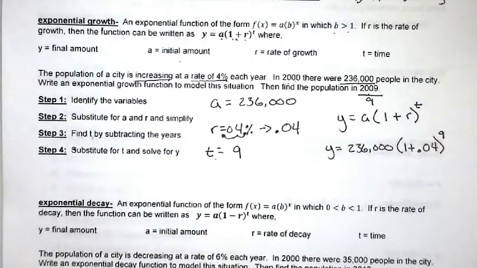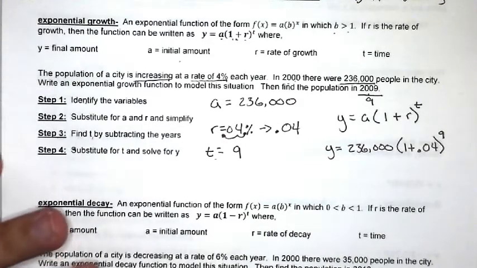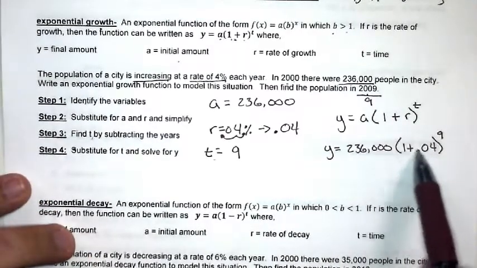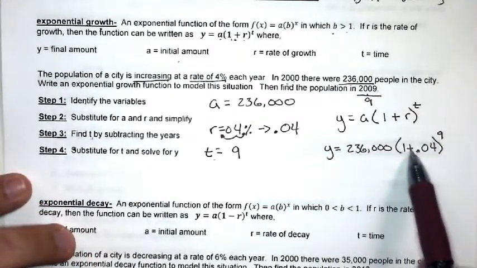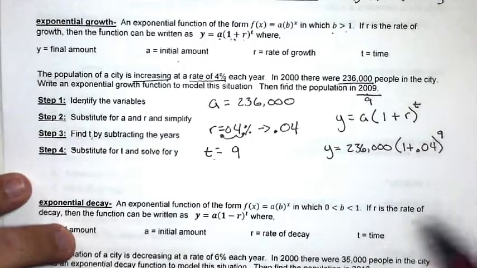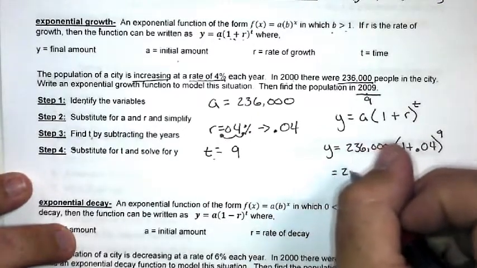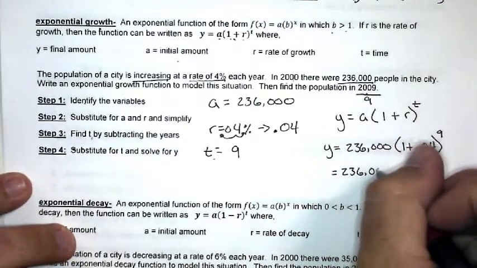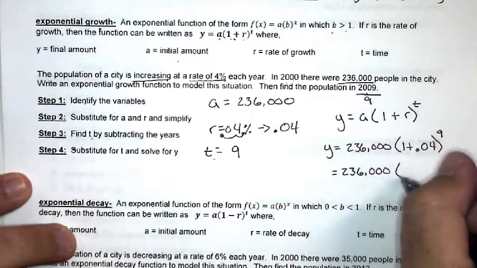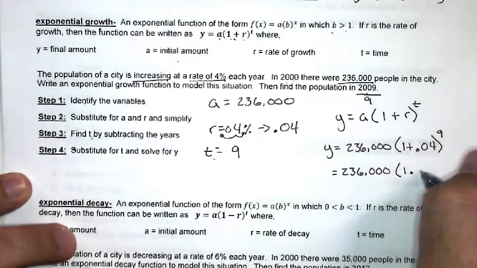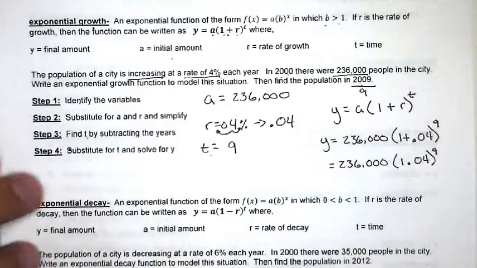Once I have substituted, what must we do now? Solve? Let's simplify first. Can this little addition be simplified? Yes. I would rather write it, and you will have to write it like this on tests, quizzes, and homeworks: 1 plus 0.04 is 1.04 to the power of 9.